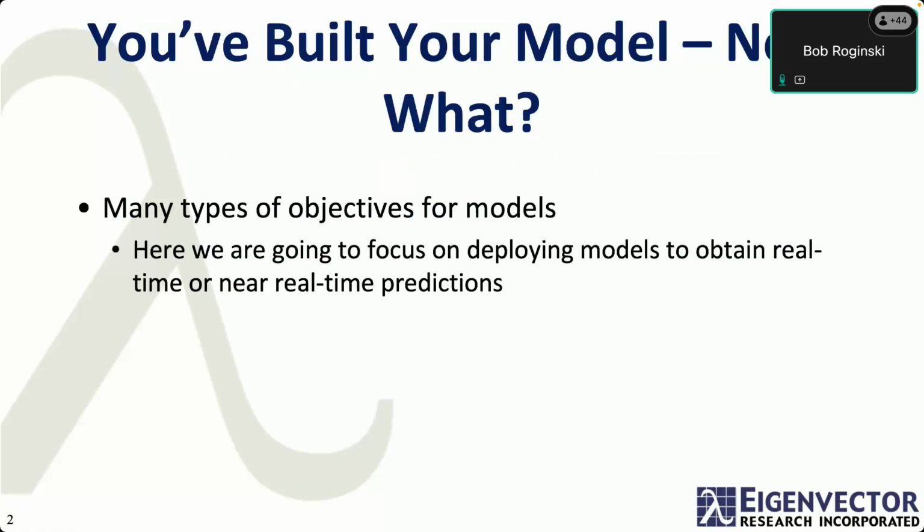As it turns out, there are many types of objectives for models, and when I talk about models, I'm talking in general about a mapping that's being made from multivariate measurements to some type of outputs that are desirable for you in terms of monitoring or controlling your process.